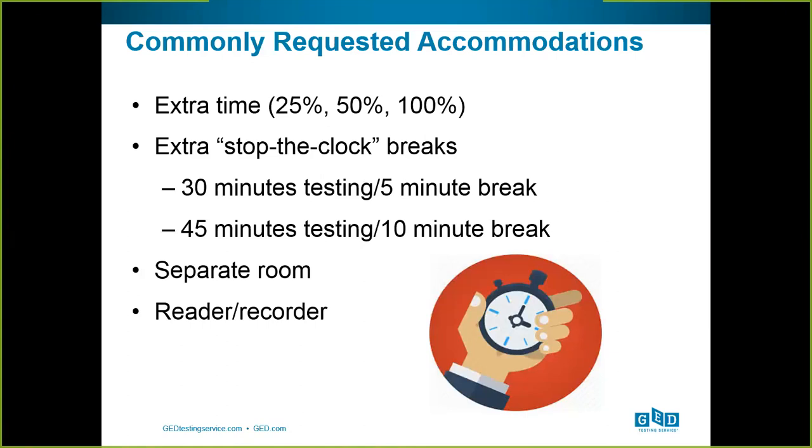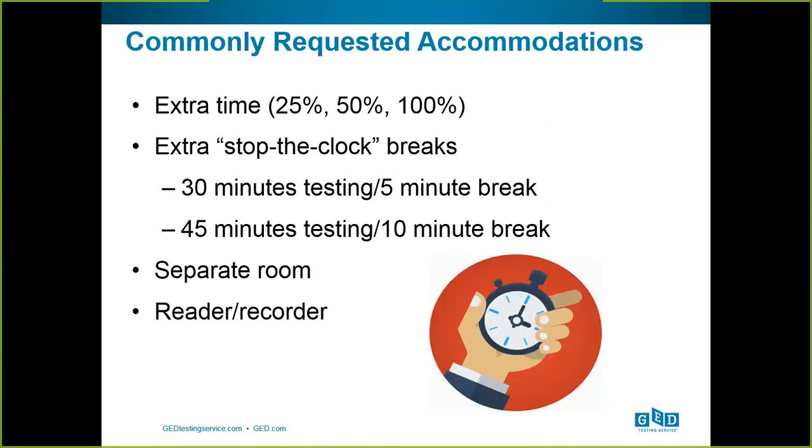The next standard or most commonly requested accommodation is stop the clock breaks. This is 30 minutes of testing time. The clock stops, the candidate has a 5-minute break, the computer comes back up, and the test begins again. The other one is 45 minutes of testing with a 10-minute break.